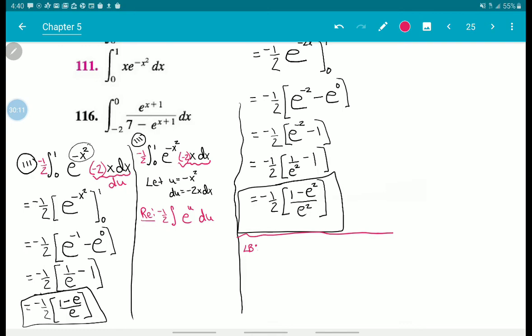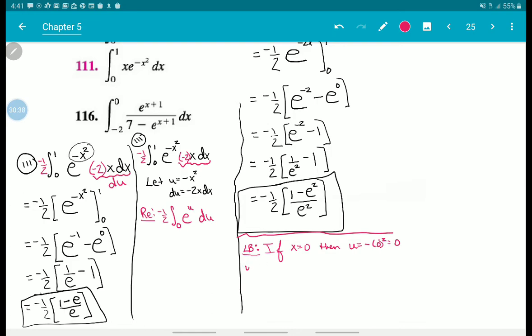Let's start with that lower bound. If x is equal to 0, because that's what we said over here in the original integral, then u would be negative x squared, which is negative 0 squared, which is still 0. So that lower bound will stay at 0.